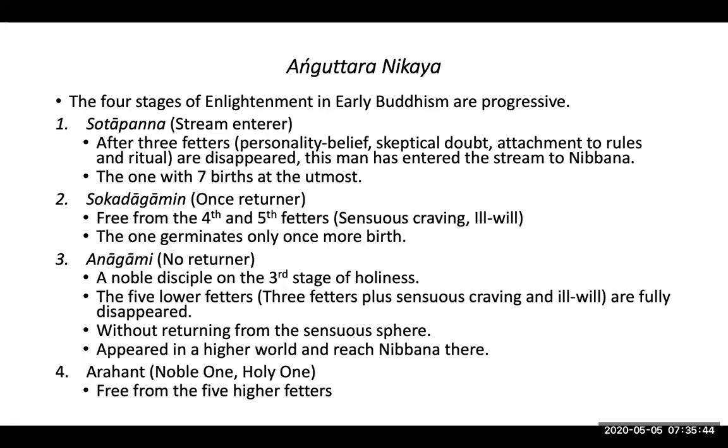Then the next stage is once returner, Sakadagami. This person, from the Sotapanna stream enterer stage, has already gotten rid of three fetters. And at the second stage, the once returner stage, two more fetters, sensuous craving and ill will, will disappear.